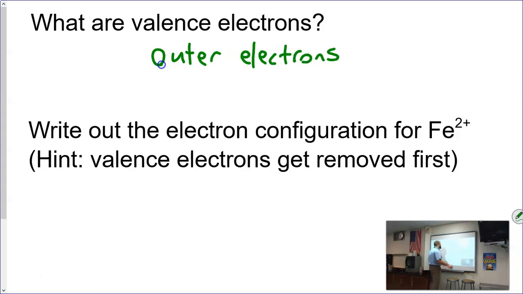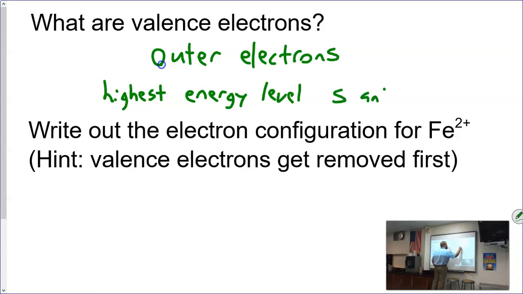More specifically, the highest energy level S and P orbital electrons. Those work. Second question: write out the electron configuration for iron 2+. Hint, valence electrons get removed first. This is a weird example, all right?